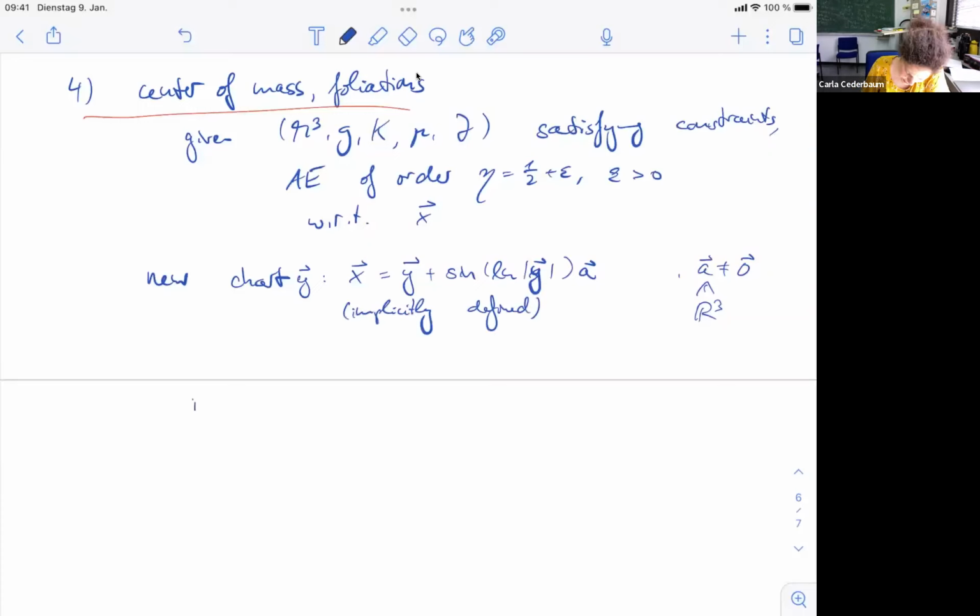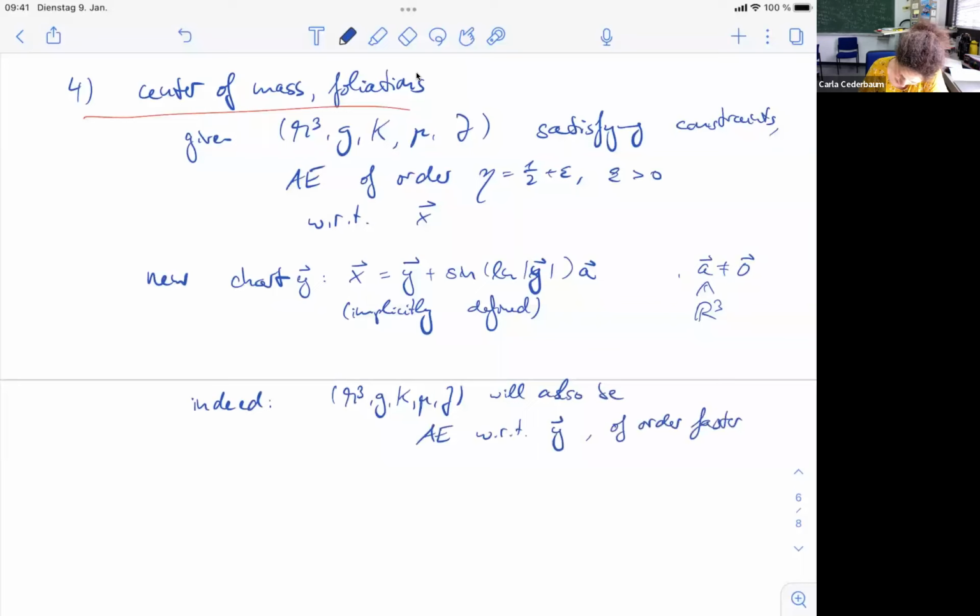And indeed, the computation shows that the same initial data set will also be asymptotically Euclidean with respect to these coordinates y, and again of order faster than 1/2, even the same order.